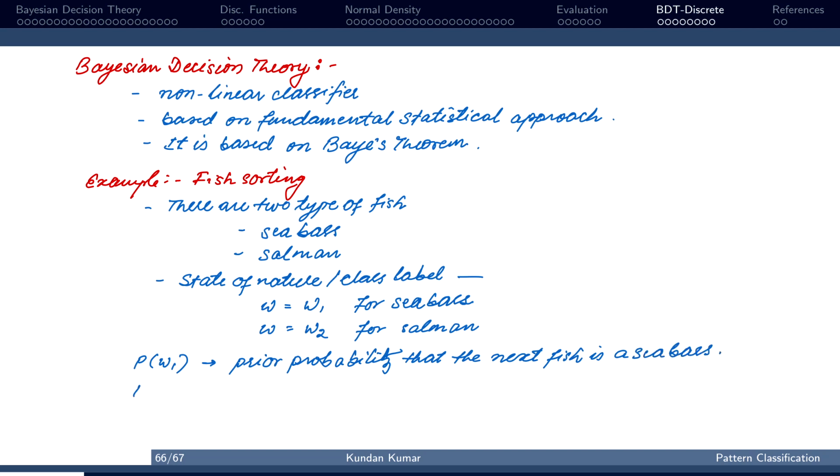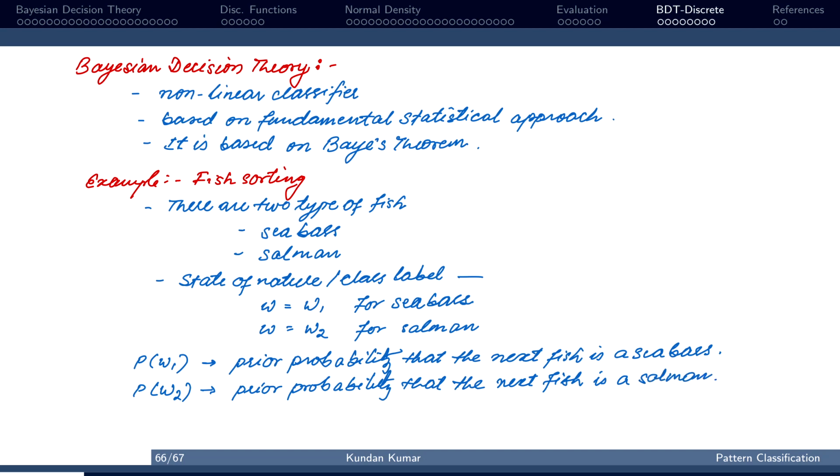And the prior probability for class 2 is the prior probability that the next fish is a salmon.